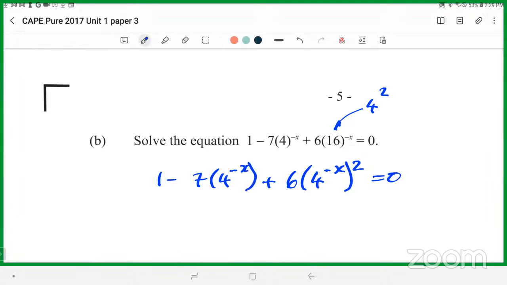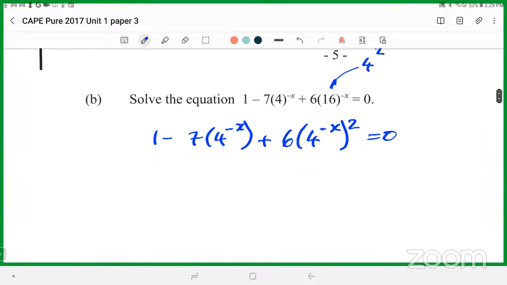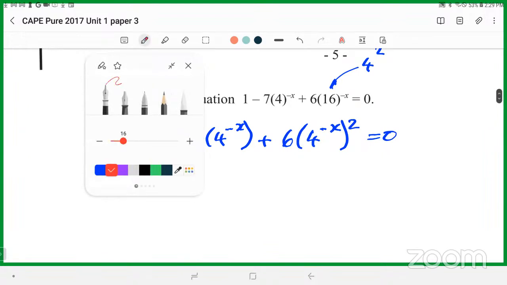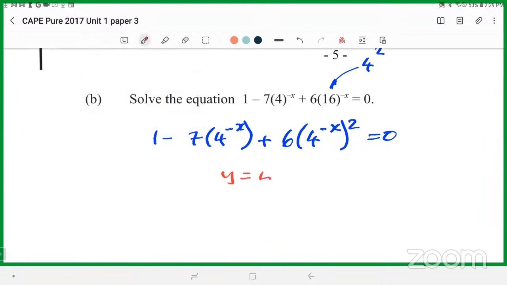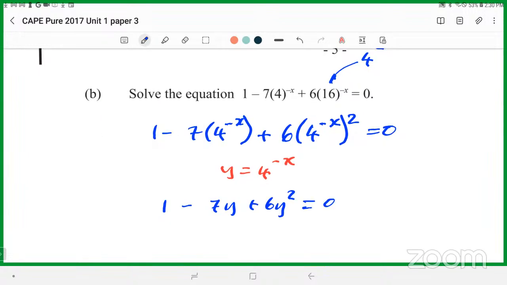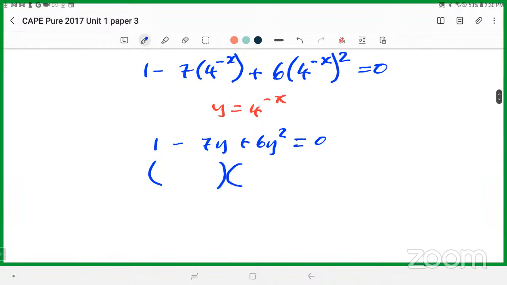All right. So it becomes a quadratic in 4 to the minus x. You can make the substitution y equals 4 to the minus x. So the equation becomes 1 minus 7y plus 6y squared equals 0. If you factorize this, you get 6y and y.